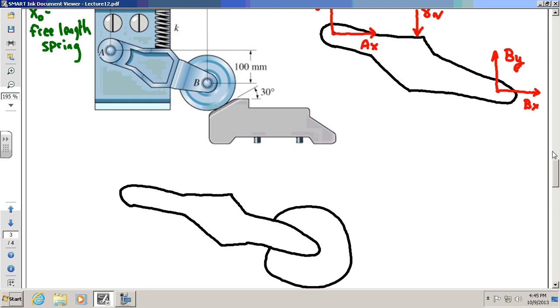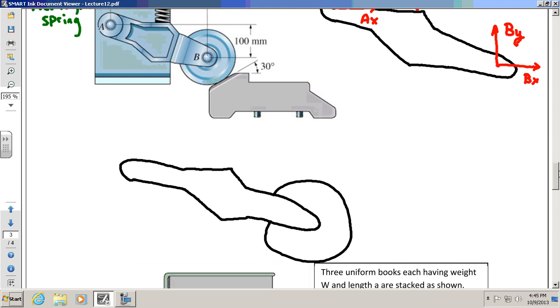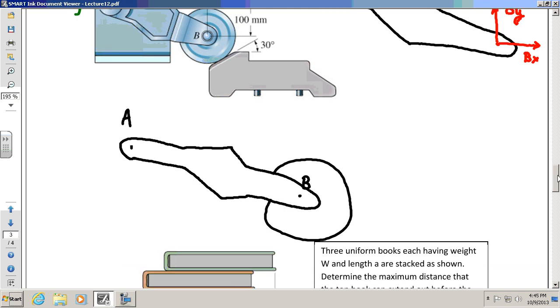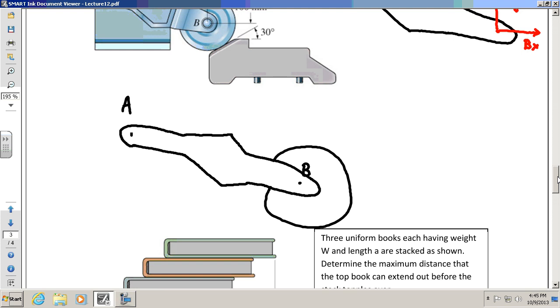Like that. Where this is B, here, this is A, like that. Kind of running out of space here. I should have moved it up a little bit, but I think you get the idea.